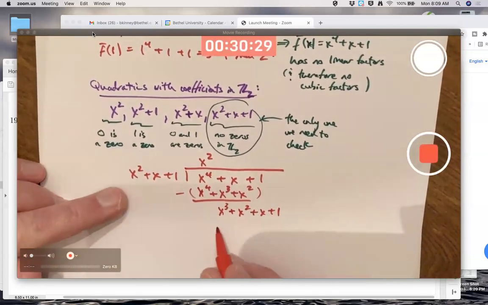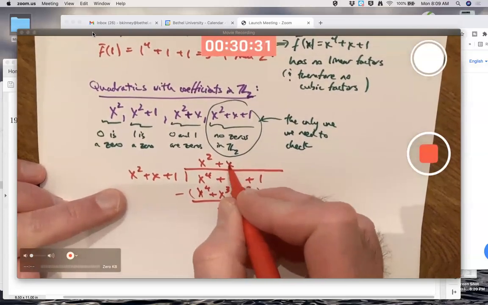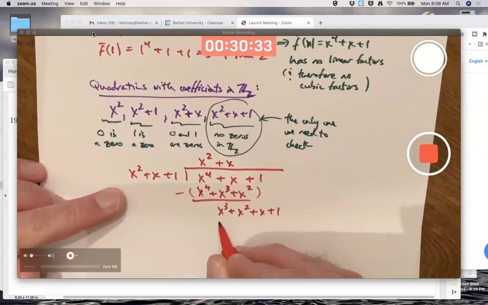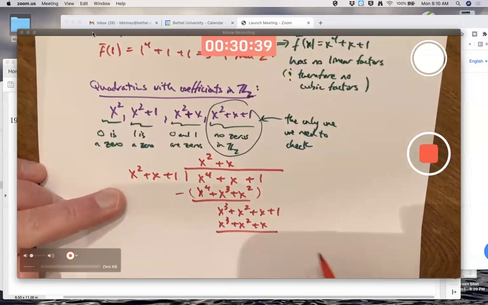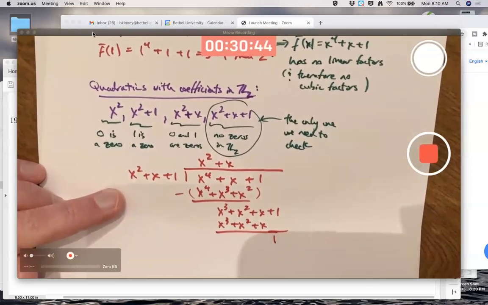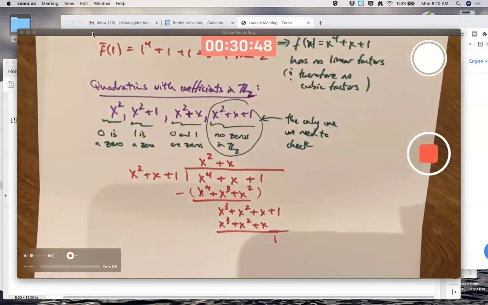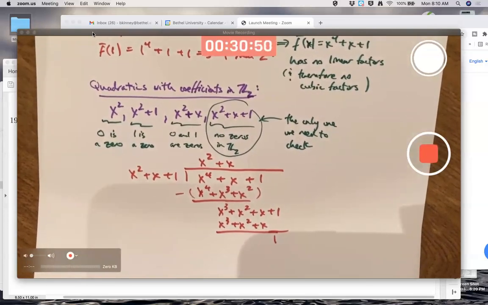Multiply x squared by x to get x cubed. Multiply x by everything, you get x cubed plus x squared plus x. Subtract, we get 1. Double check that I have not made a mistake. That look good to you guys? I think so.